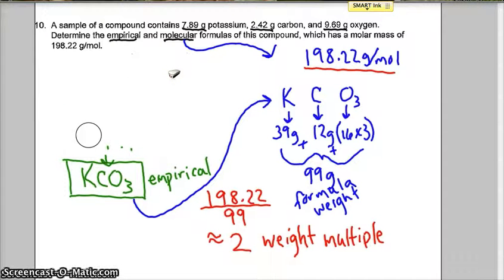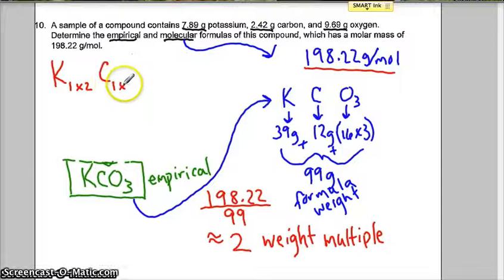So our empirical formula has subscripts of K is 1, C is 1, O is 3. So we're going to take each of those subscripts that exist in the empirical formula, and we're going to multiply it by this weight multiple, and that will give us the molecular formula.